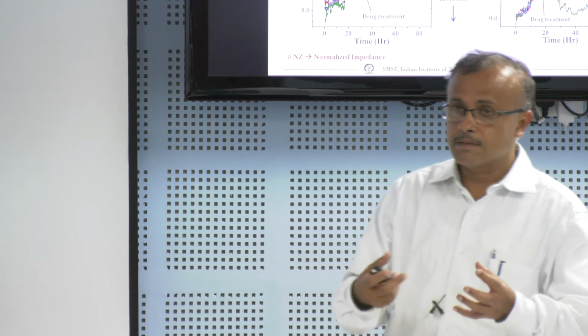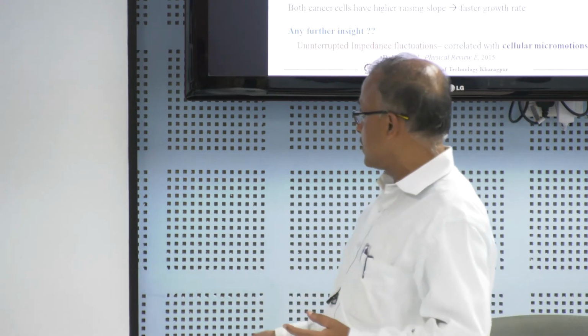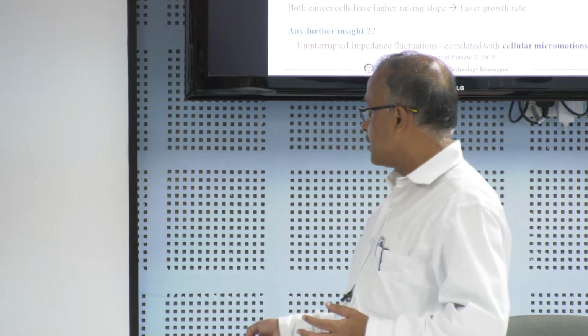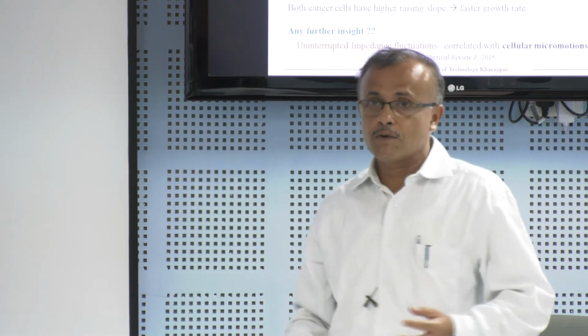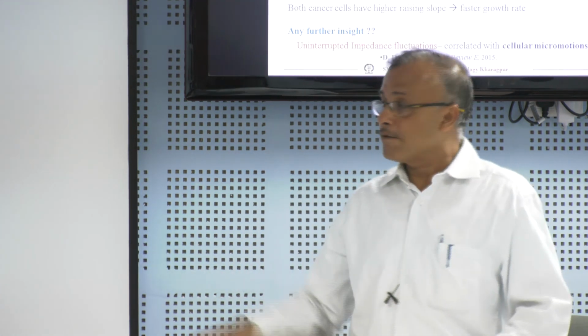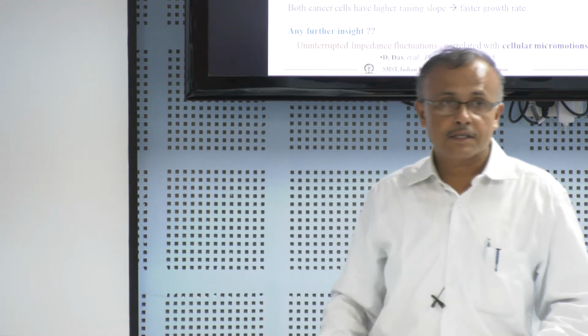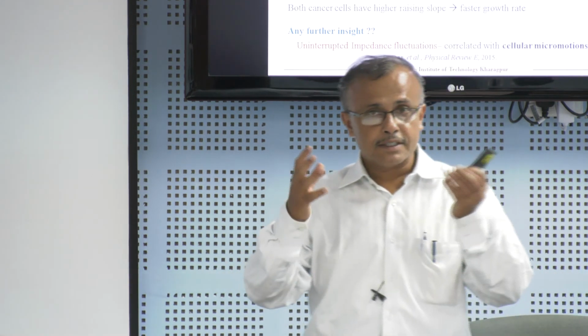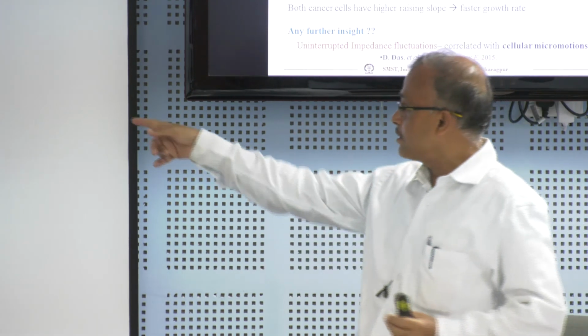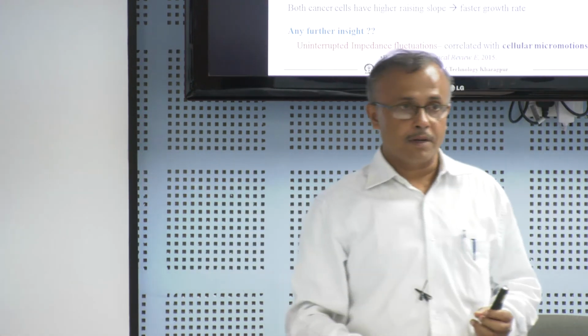If you are interested, you can see it in Physical Review E. We have correlated this with the cellular micromotion, because a cancerous cell will always migrate, and therefore not only the fluctuations, you will see the total energy of the system is also very high compared to the HaCaT cell, which is normal in nature.